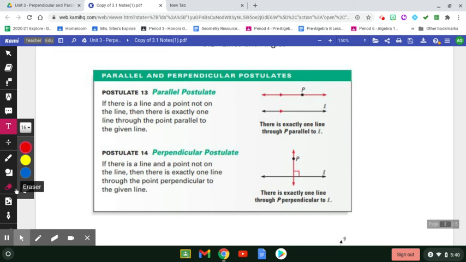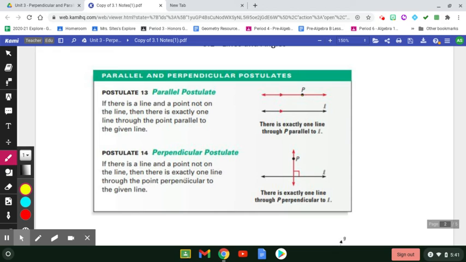So when I take a look at this picture, if you take a look at point P, okay, so if there's a line and a point not on the line, so the red line and point P, then there is exactly one line through the point parallel to that. So then that means that you have that one exact line. So there's exactly one line through point P that is parallel to line L, okay? So you have the given line, you have the point, you have that one line that is exactly parallel.